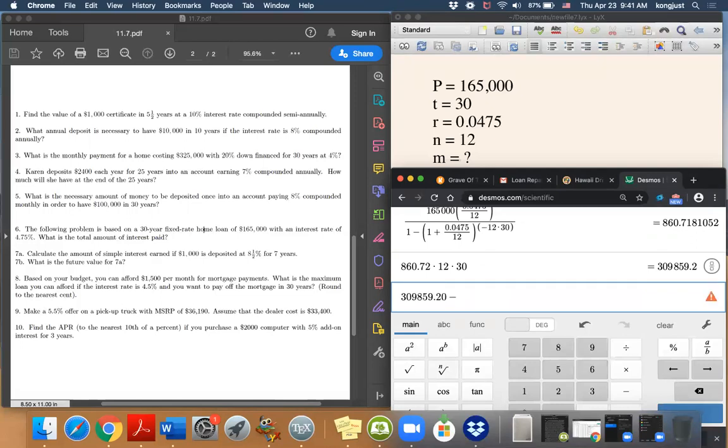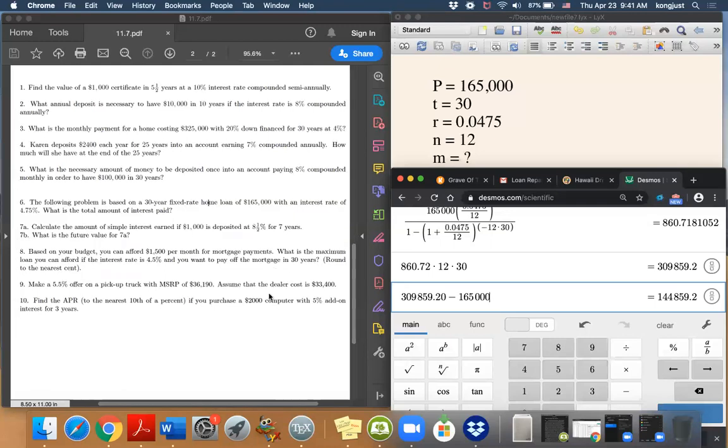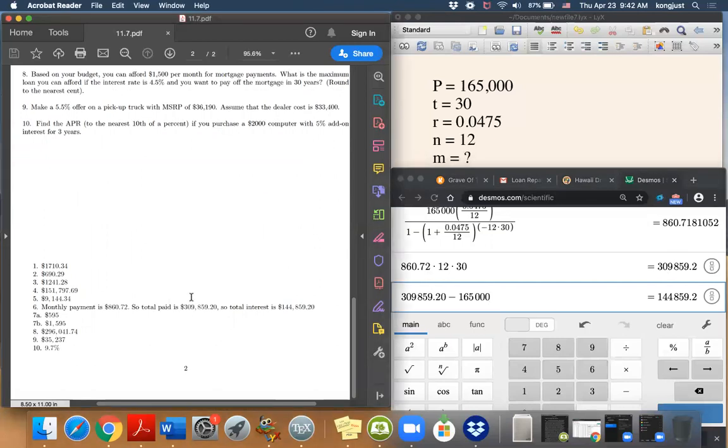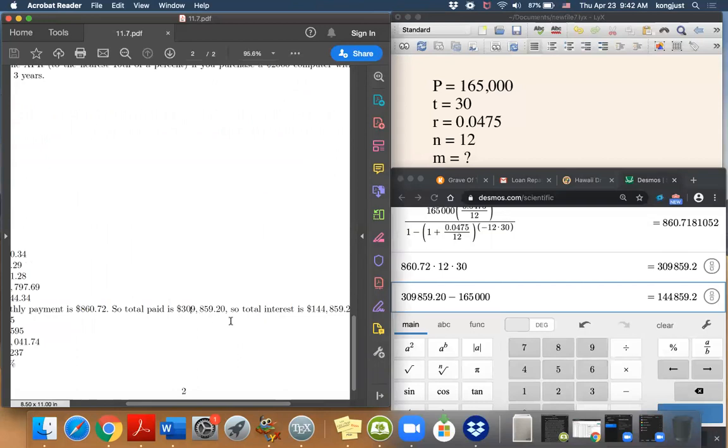And then let's subtract the loan amount. So loan amount was 165,000. And I get 144,859.2. Let's see if that matches, because I might have rounded. Oh yeah, that's right. Okay, so actually I wrote down all three steps here in the answer. Monthly payment was 860.72. That's what we got here and here. Total paid was 309,859.20.